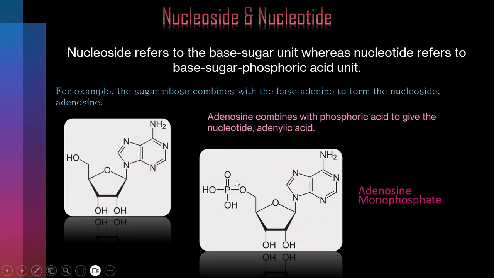So for adenine and ribose, the nucleoside is adenosine and the nucleotide is adenosine monophosphate or adenylic acid.